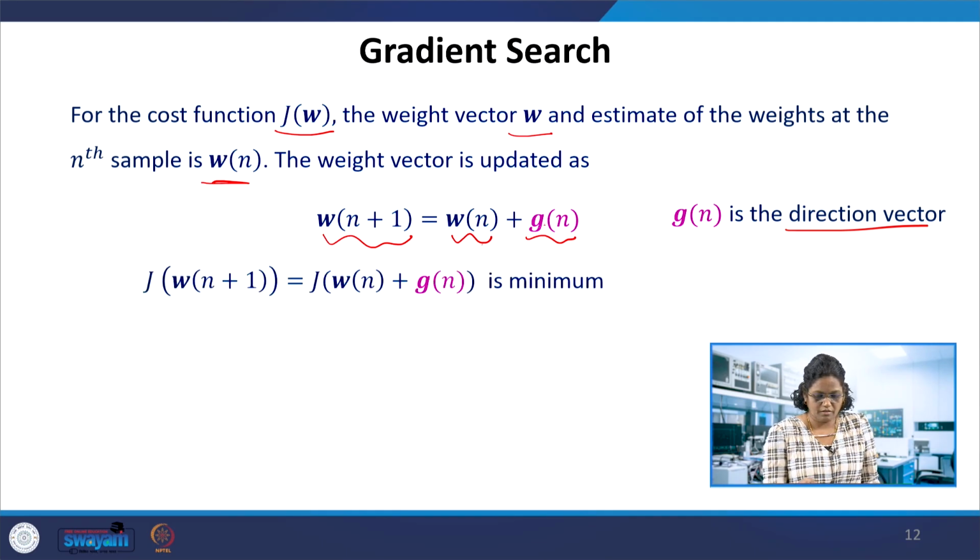So the G of n, now if we have this cost function, is J of W of n plus 1, in terms of W of n and G of n, which is to be minimum. Now the cost function is changed to J of n plus 1 being minimum.